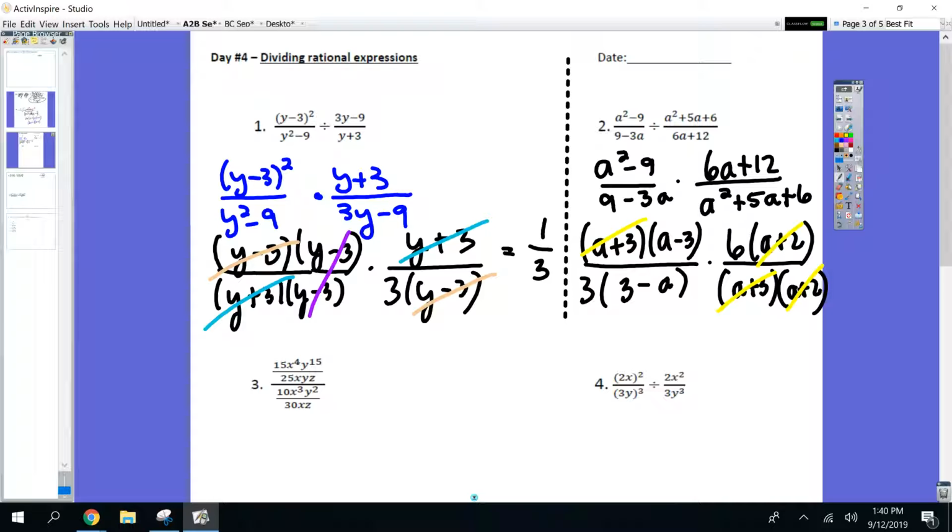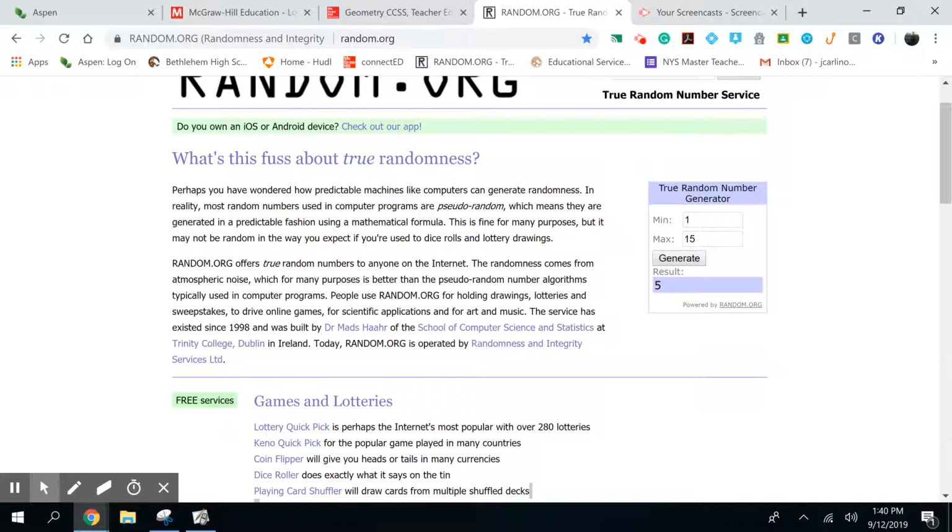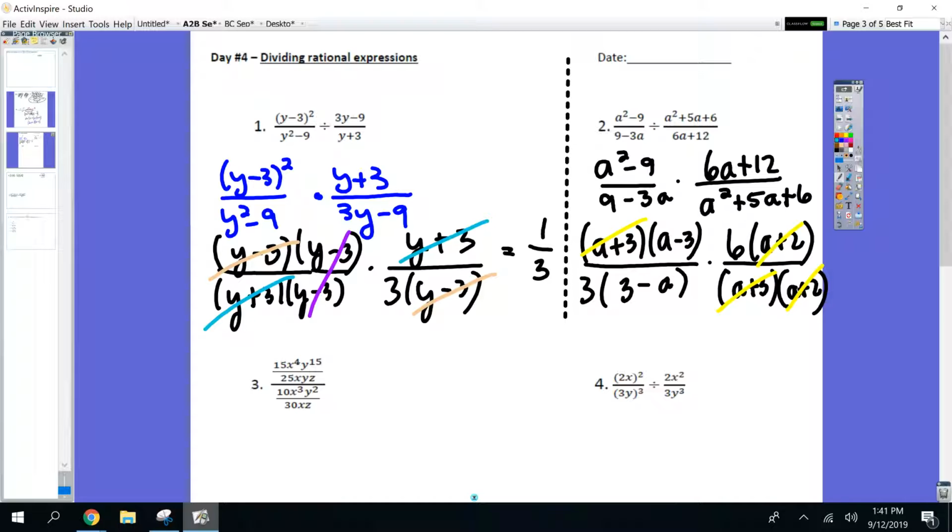Good for you. Leave it for somebody else to do, right? Good for you. 12. The a minus 3 and the 3 minus a, but that means there's a negative 1. Where are you going to put yours? I'll put it on the bottom. Okay, well, we're still not done, though. Something else I can cross out?